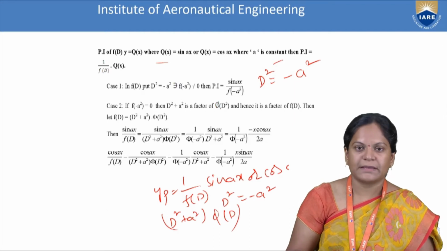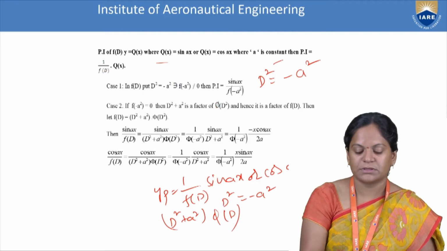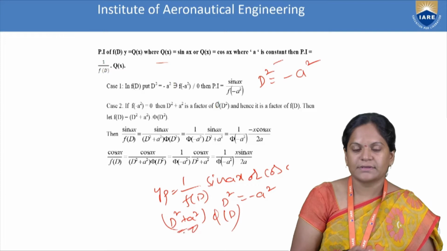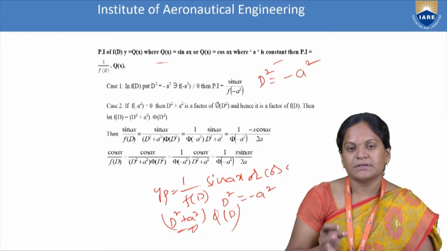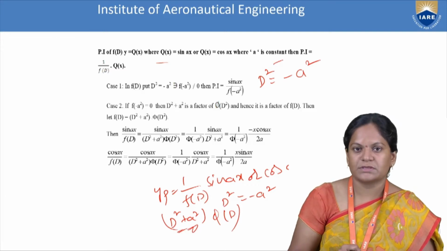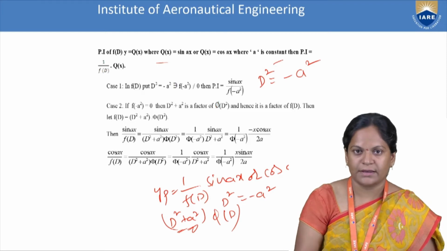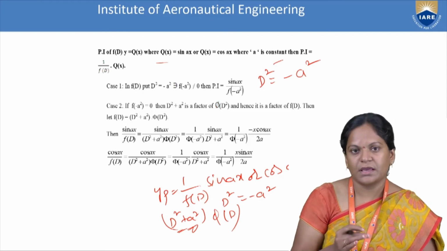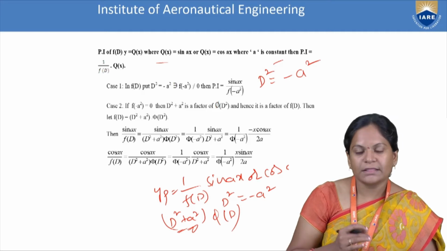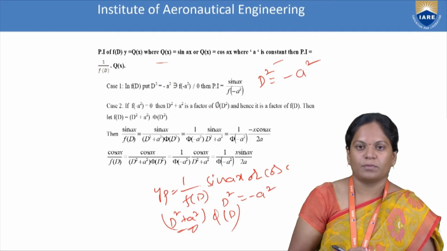Substitute in place of D squared minus a squared. The first term becomes 0 and the second term is not equal to 0. Substitute directly in place of D squared minus a squared in the second term, and in the first term which is equal to 0, we have two direct formulas.